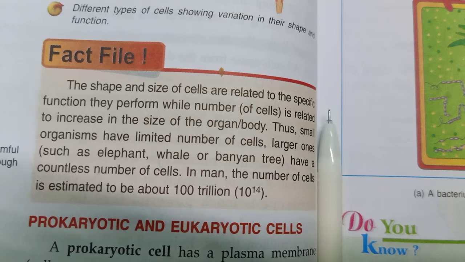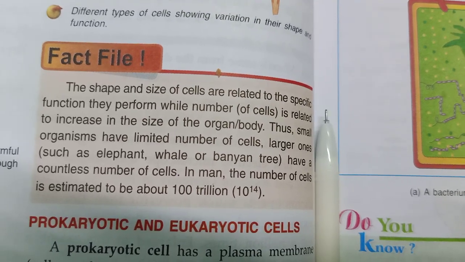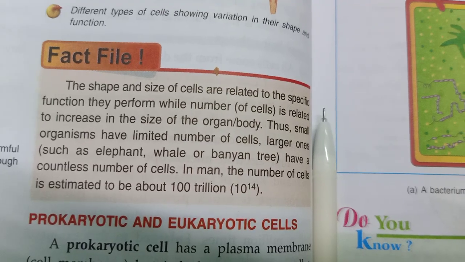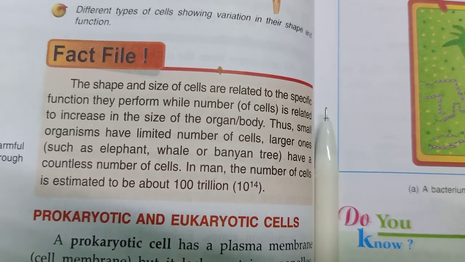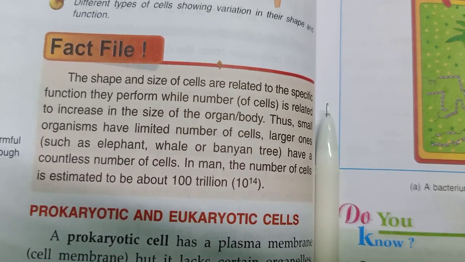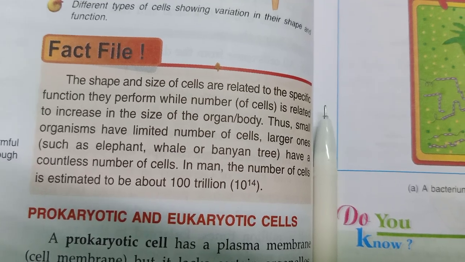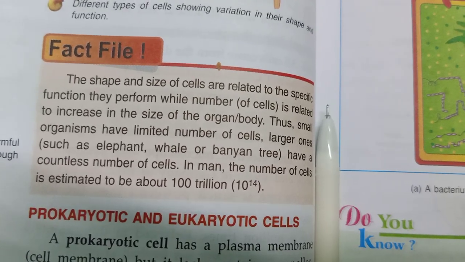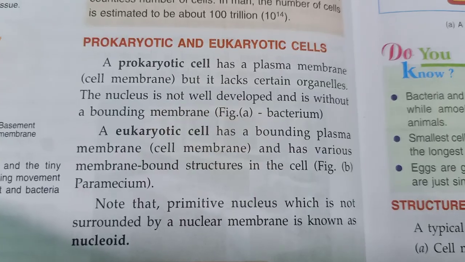The smaller organisms contain a smaller number of cells, but the larger animals and larger plants contain a countless number of cells. In man, the number of cells is estimated to be about 100 trillion. All these things are important, so you have to remember these points.